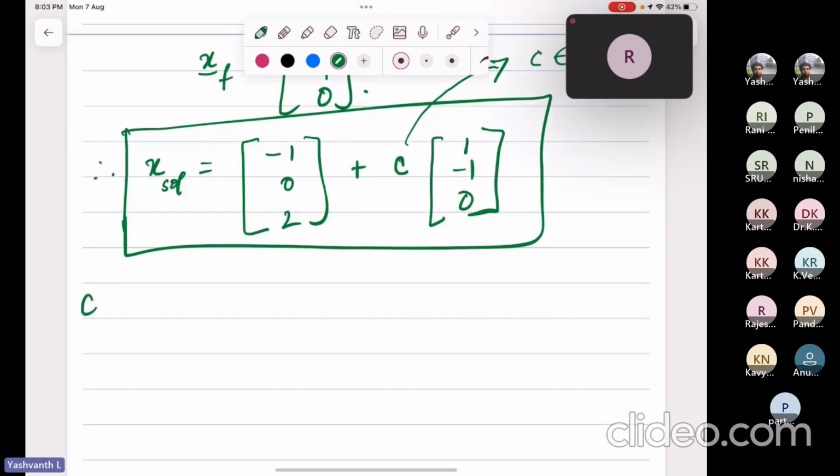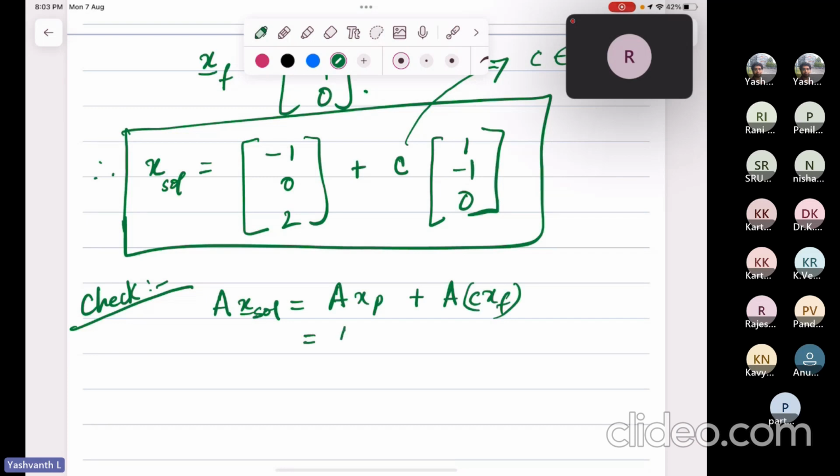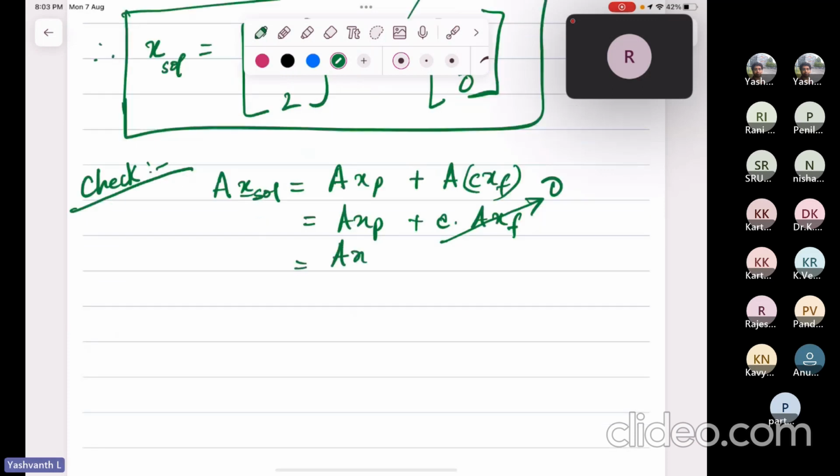Okay, let's have a quick check, whether this is the correct solution or not. Let's compute A into xsol. Nothing but A into xp plus A into c xf. Nothing but A into xp plus c into A xf. But since xf is in the null space, that will go to 0. This is the same as A into xp, right?